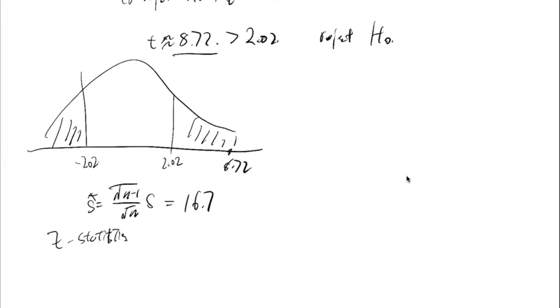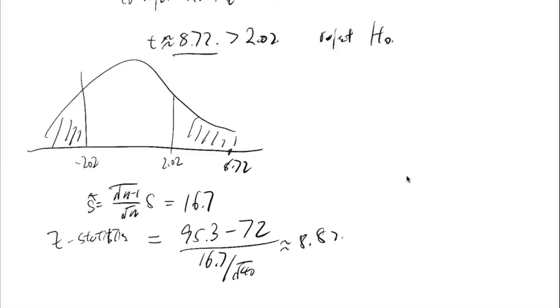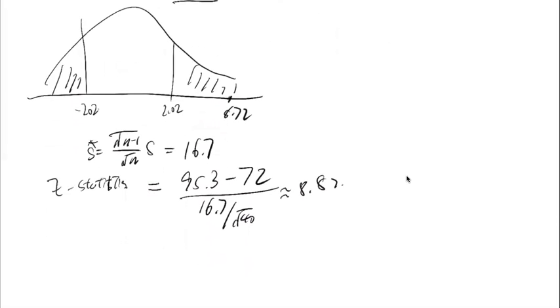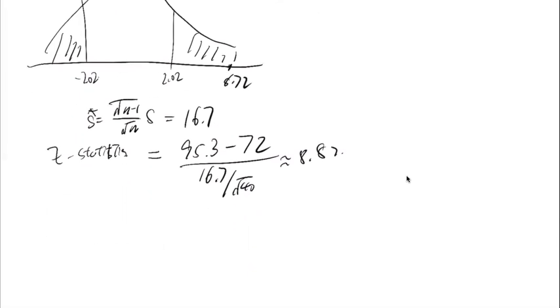We want to find the z-statistic, which equals 95.3, our measurement, minus the mean, divided by the standard deviation. This gives us roughly 8.82. Again, if we want to reject the null hypothesis, we want to find the value corresponding to the significance level 0.05.